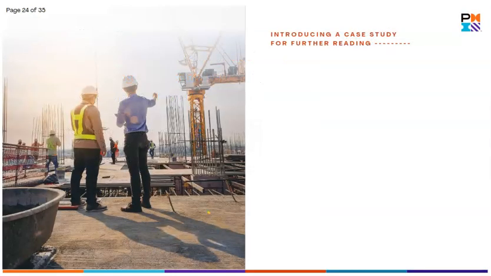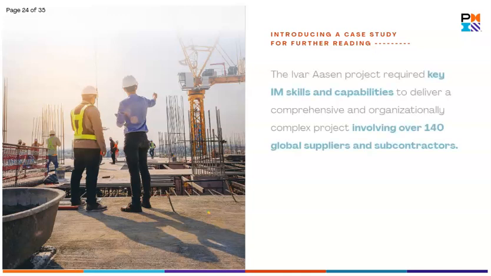Let's take a moment to consider a case study. The Ivar Aasen project was a major oil and gas project on the Norwegian continental shelf. It required key IM skills and capabilities to deliver a comprehensive and organizationally complex project involving over 140 global suppliers and subcontractors. It was the first major development project for the operator.